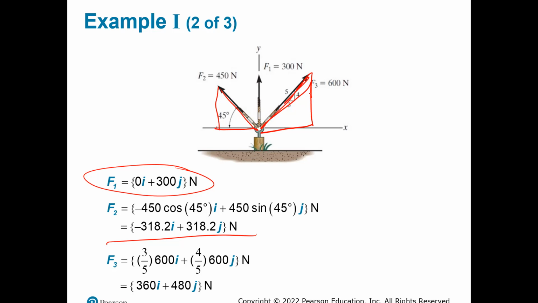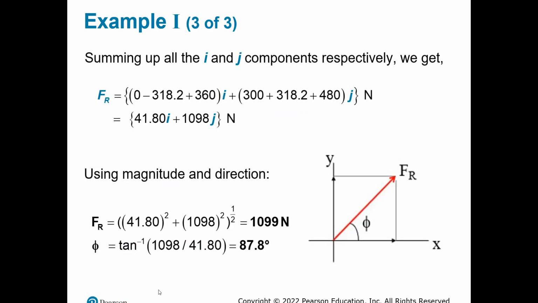And for this one, you will have a similar triangle method. Instead of being given the angle, you were given a similar triangle that is also a right triangle, and then after that, use those numbers in order to get the components, and you have F3.